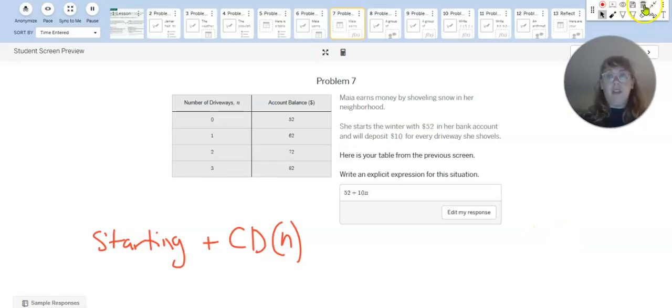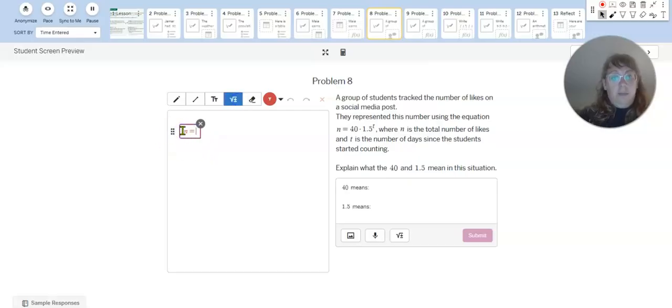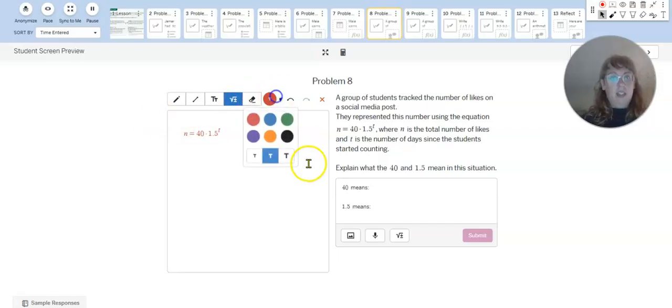Beautiful. Slide 8. A group of students tracked the number of likes on a social media post. They represented this number using the equation n equals 40 times 1.5 raised to the t.